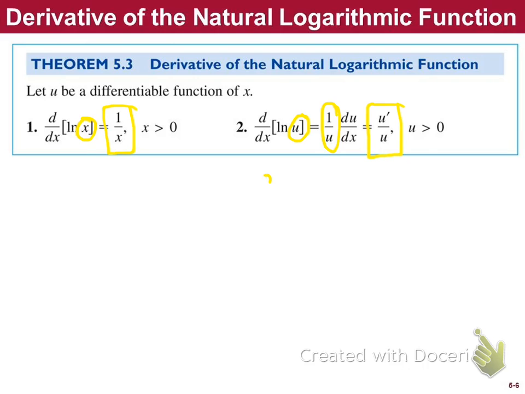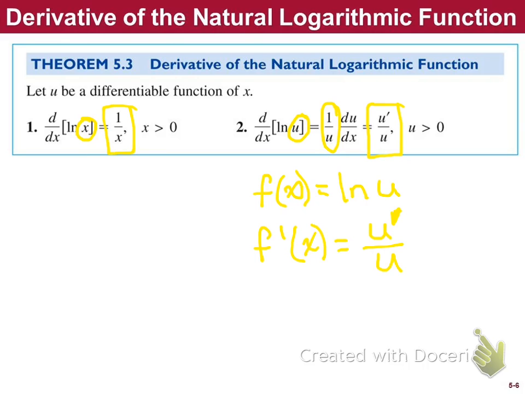So if f of x were equal to the natural log of u, and you wanted to find the derivative of f of x, it would be equal to the derivative of u over u.